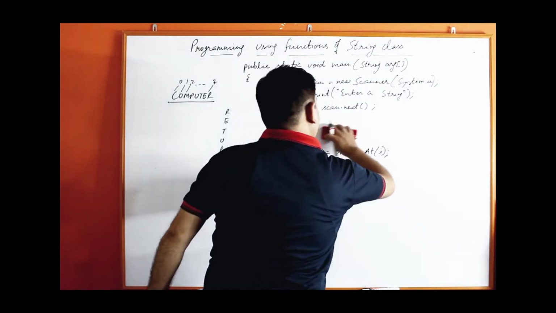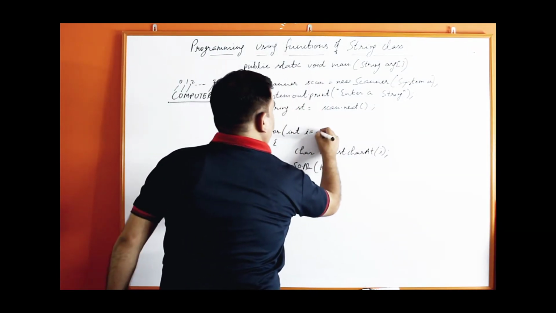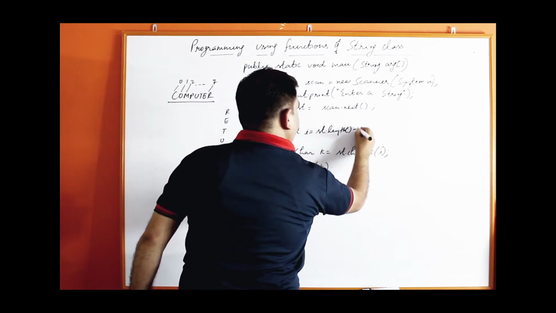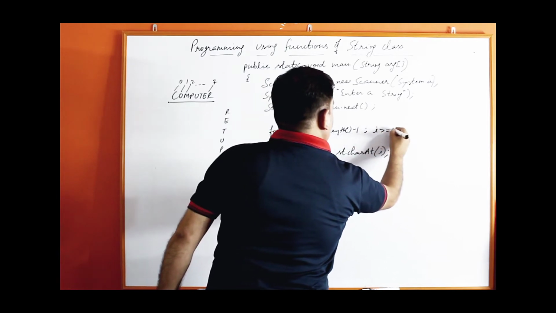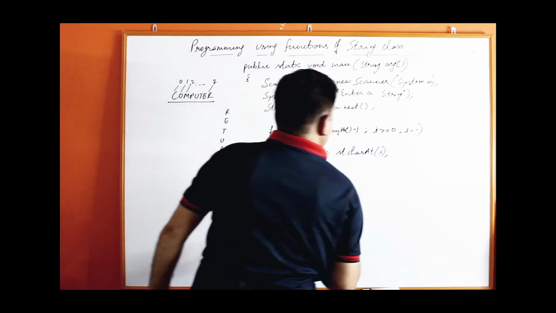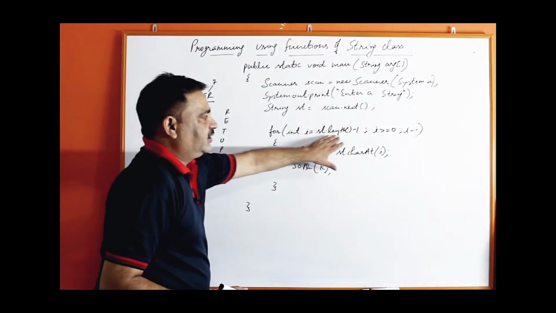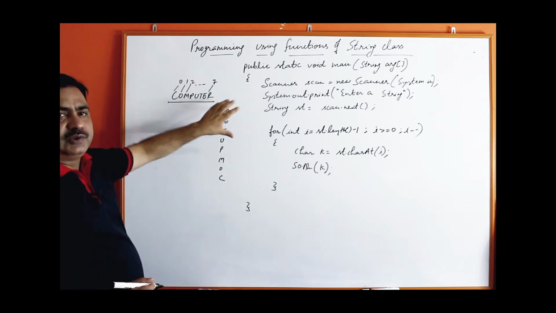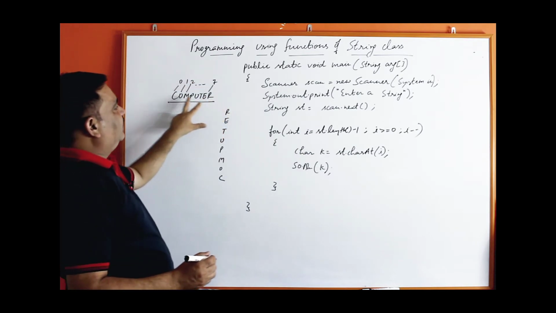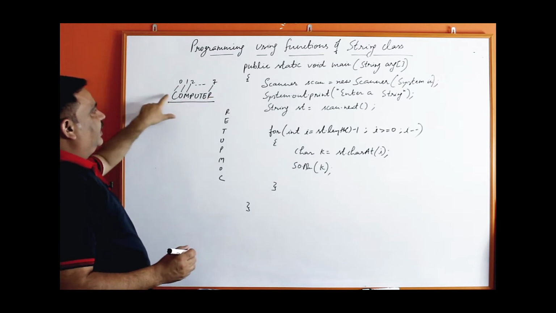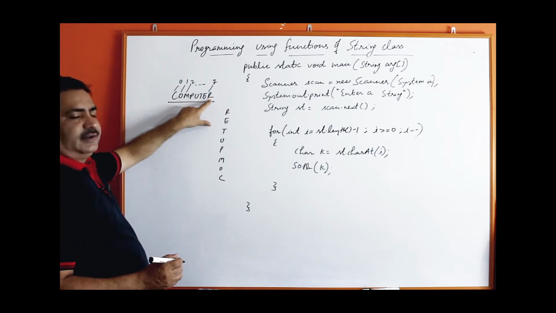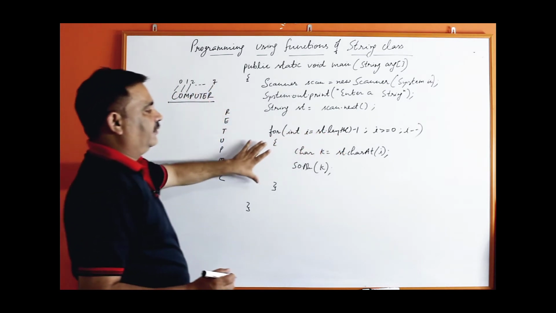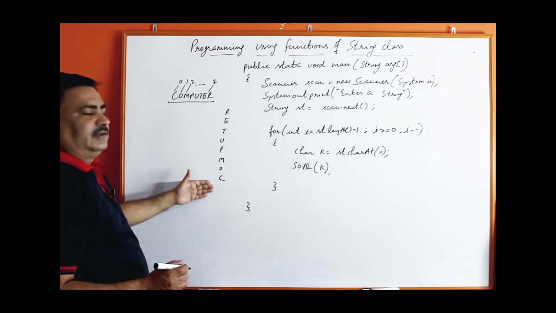Now from where you have to start the loop: int i equal to st.length minus 1, going while i is greater than or equal to 0, and i minus minus. st.length is 8, 8 minus 1 is 7, from 7 you have to start the loop if the word is computer, because the length is 8 and the index of the last character is 7. So the minus 1 must be here. So you have to apply a reverse loop to get such kind of output.